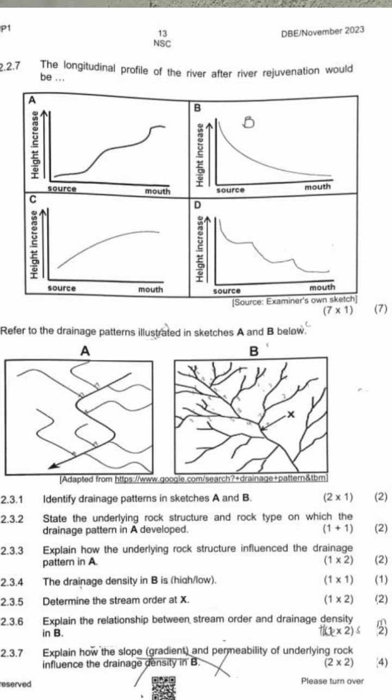Is it the trellis or the rectangular? What drainage pattern do we have here? I'm looking at this. Of course, we do see the main river is bold. It has an arrow. It's the only one that has an arrow, and it has bends, guys. So it has to be the rectangular drainage pattern.